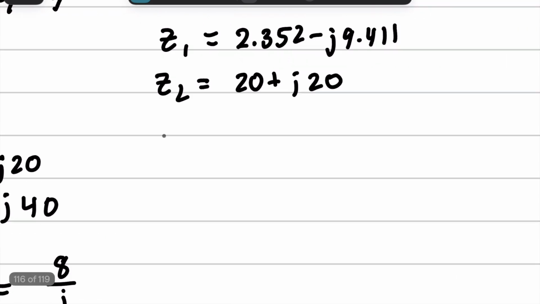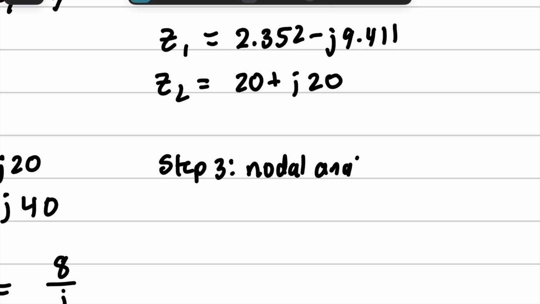So the next step is apply a nodal analysis. Now in the last problem, we did not change into phasor form until the end. In this problem, it actually probably is nicer to go ahead and, once you've set up the nodal equation, convert everything into polar.